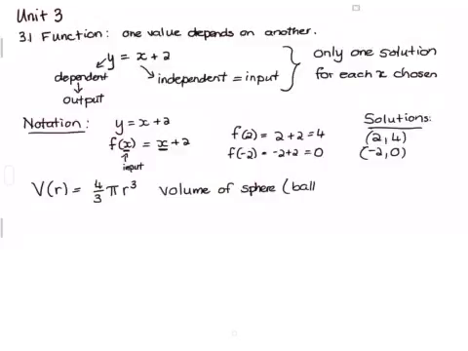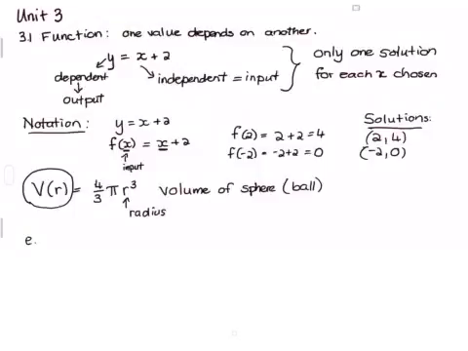A round thing like a ball. Right, the output will be the volume. The input will be the radius. So the volume depends on how big the radius is. Remember that pi is not a variable. Pi is a constant. So the only variable there is the r. And the name here says volume depends on radius.